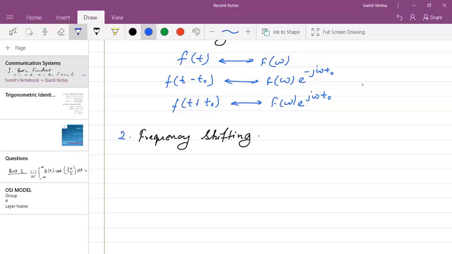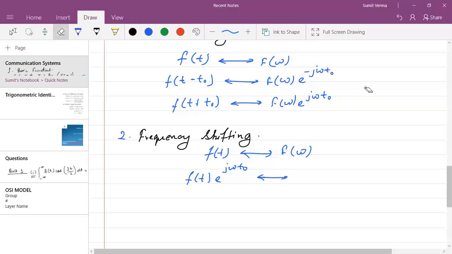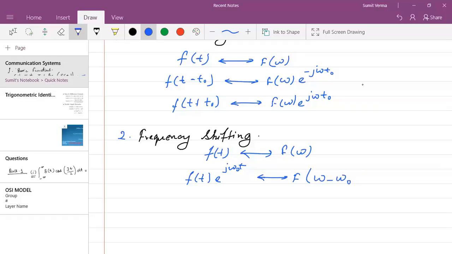So again, if there is a signal f(t) with Fourier transform F(omega), then if I take a signal f(t) e to the power j omega t naught, and let's keep it as, because we are shifting in the frequency domain, j omega naught t, this will become F(omega minus omega naught).